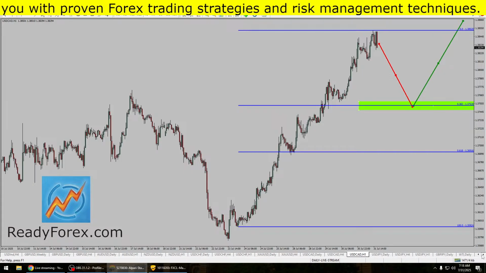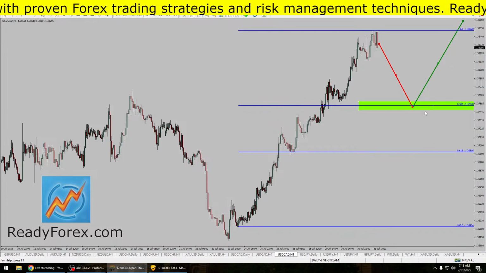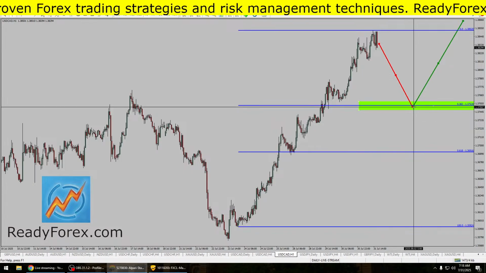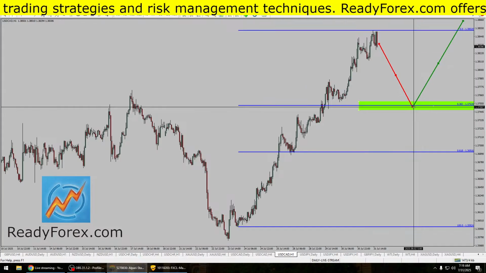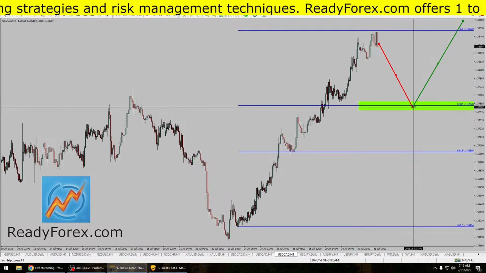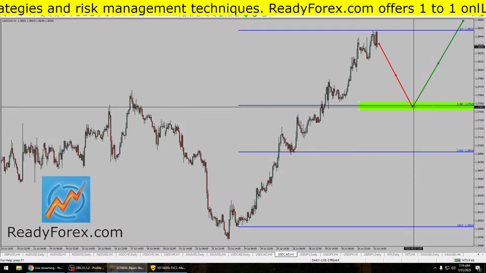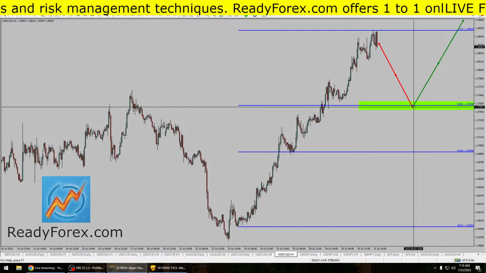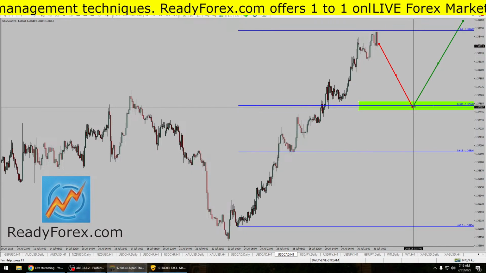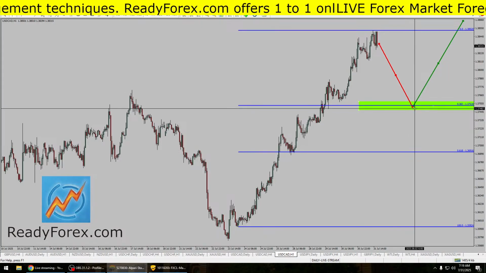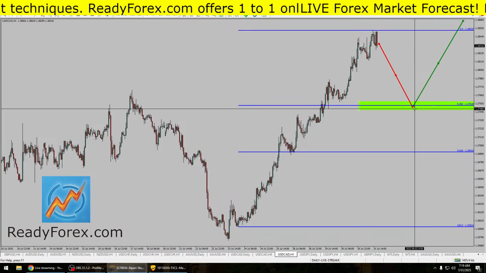Next one. Now I must explain a little bit: do not just jump into the market just because price action is going to hit the Fibonacci support area at 1.3752, which is the 0.32% Fibonacci level. The idea over here is to wait for a pullback at or around these Fibonacci retracement levels.